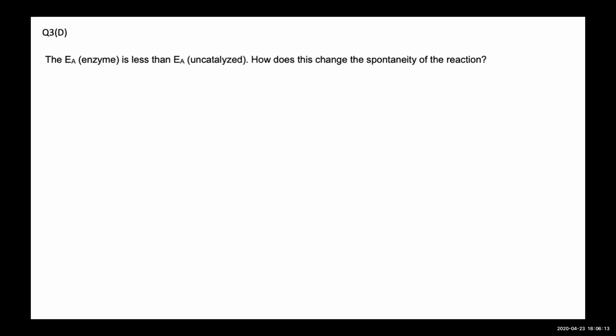How does this change the spontaneity of the reaction? What are your thoughts on this? Can we relate the spontaneity of a reaction with its rate?